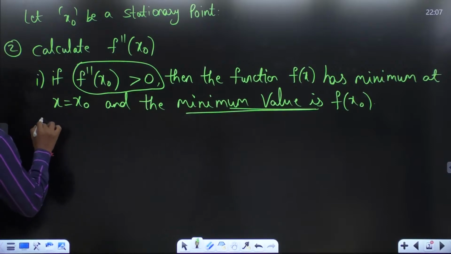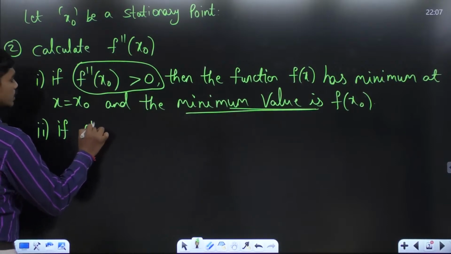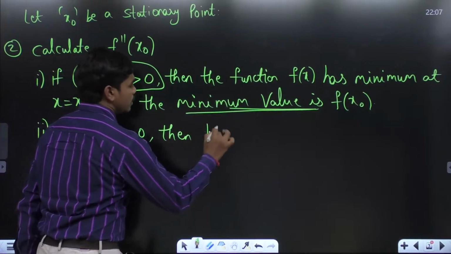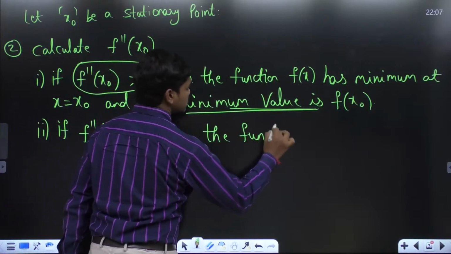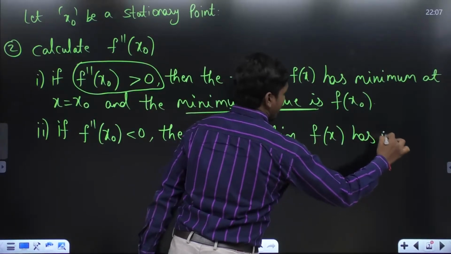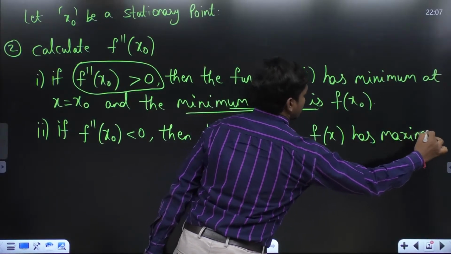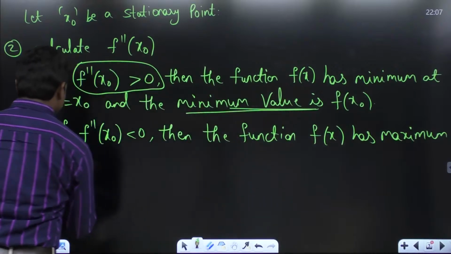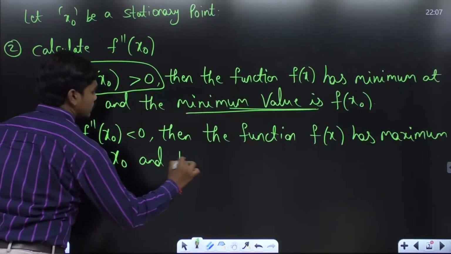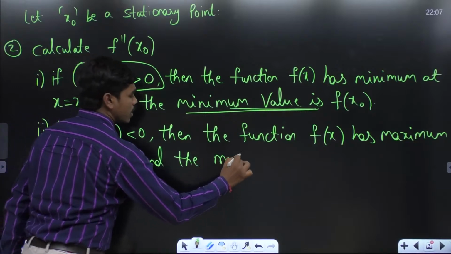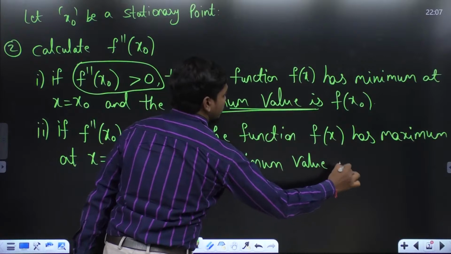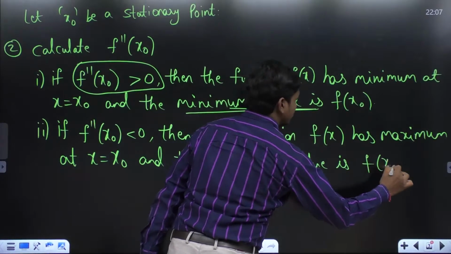Second point, if f double dash of x naught is less than 0, then the function f of x has maximum at x is equal to x naught, and the maximum value is f of x naught.